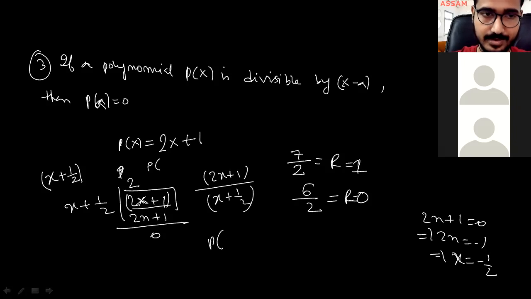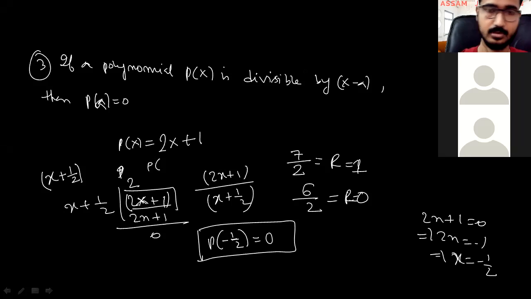P of half or minus half? Minus half. This thing we already got in class 9. So P of minus half will be equal to 0, because this is the root of this polynomial. This is the meaning of this one.